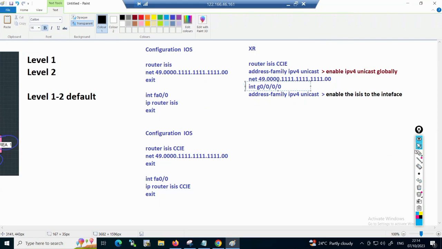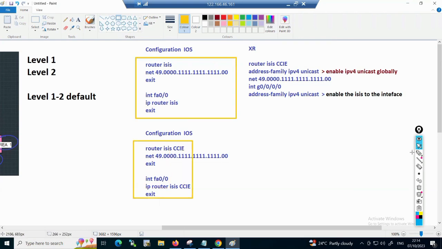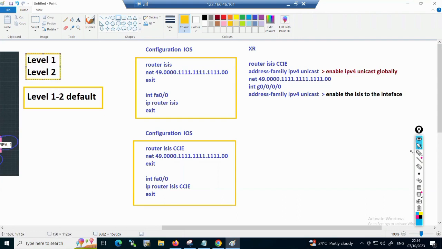If you don't enable it, it's not going to work. So the basic difference is what? In IOS, you can enable ISIS without a tag; that's configured as a null. And with a tag, that's called ISIS tag value CCIE. The default behavior is level-1 and level-2. If you want, you can change it to level-1 or level-2, depending on the requirement.